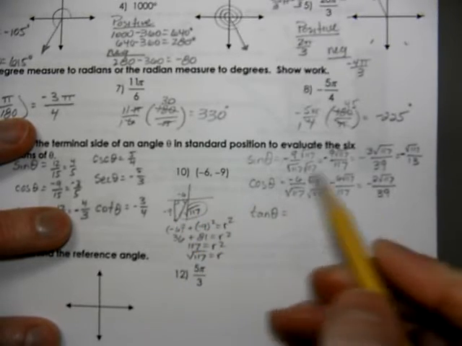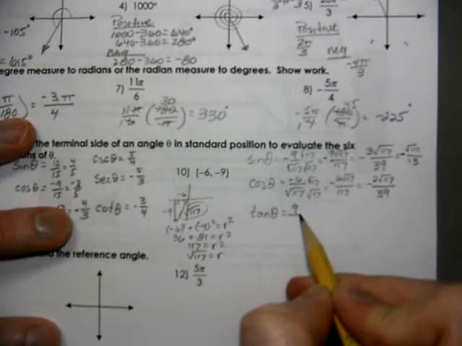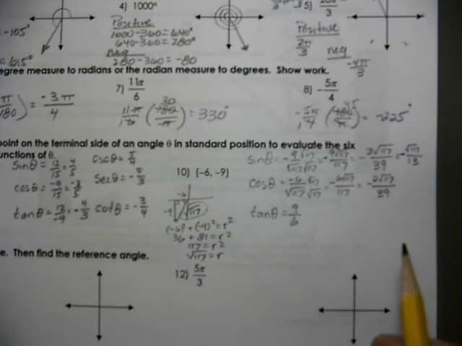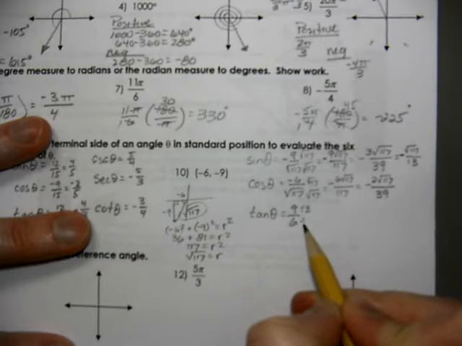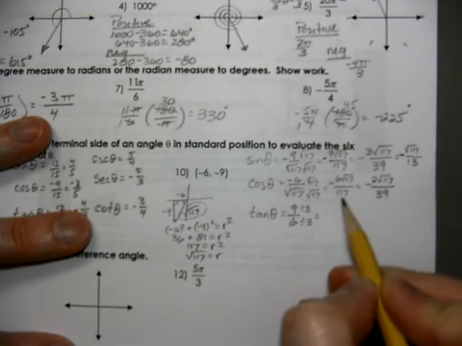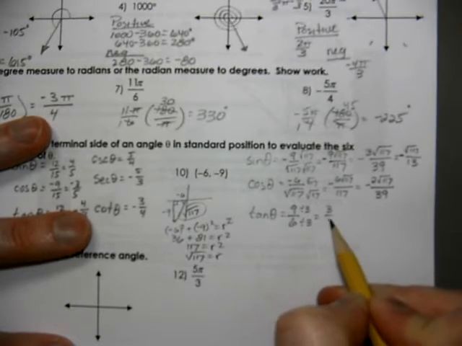Tangent is going to be opposite over adjacent. So a negative and negative make a positive. Divide both by 3.